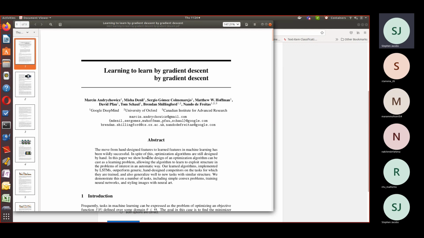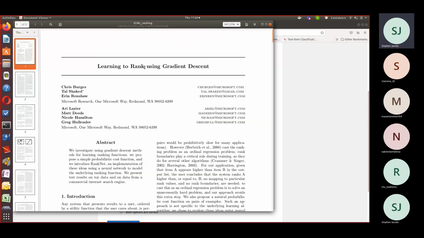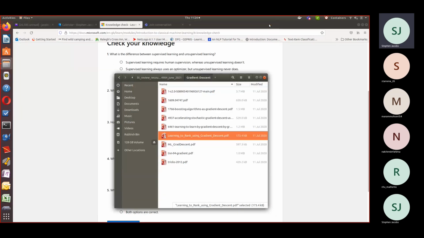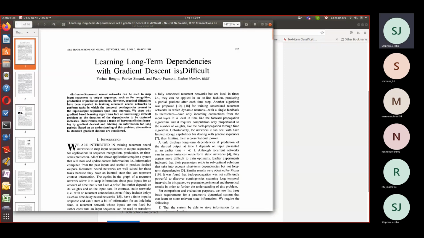Somebody is applying gradient descent in a novel way. This is learning to rank order something using a gradient descent mechanism. So it's a nice idea of a cross-discipline usage of gradient descent. Long-term dependencies with gradient descent is difficult. Gradient descent seems to be very local, so this is looking at how you could extend that.